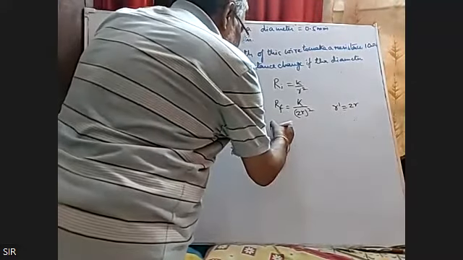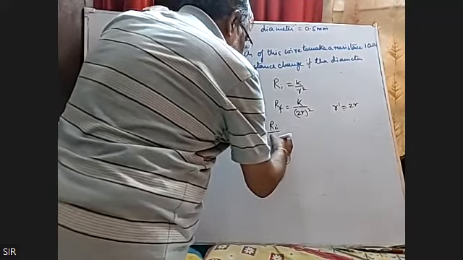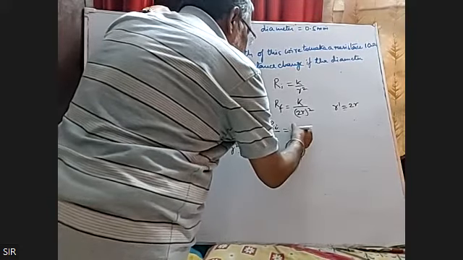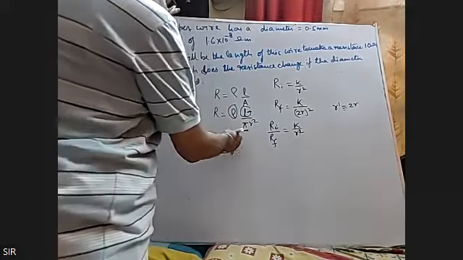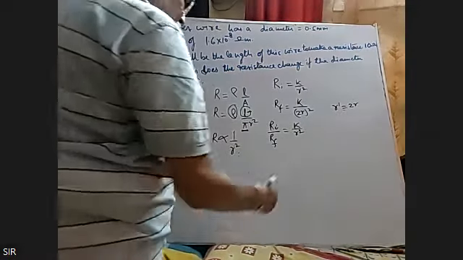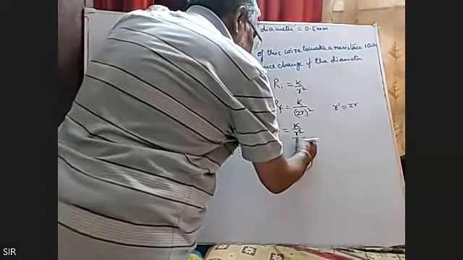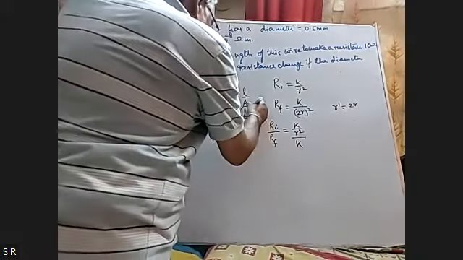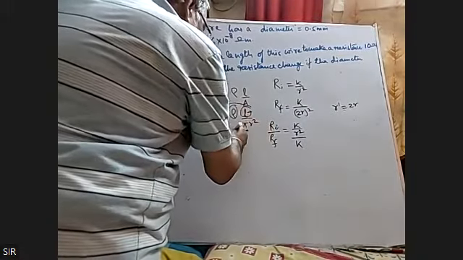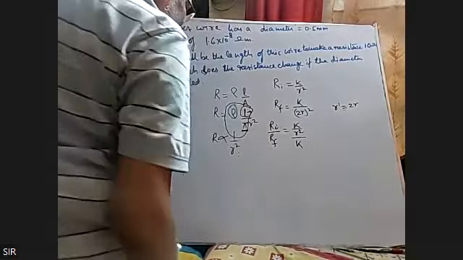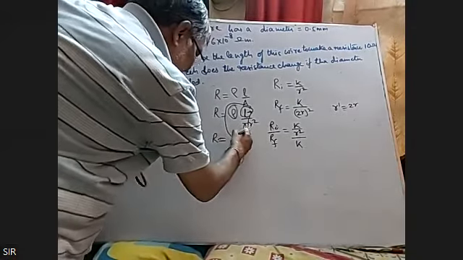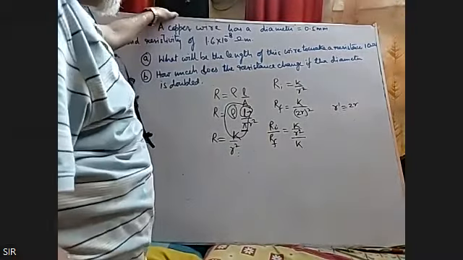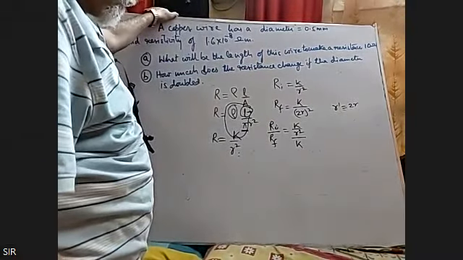That means Ri by Rf is equal to K by r square. K I have just taken as a proportionality constant, nothing else. See, if we take this rho L by pi as K, can I write R is equal to K by r square? Yes, sir.